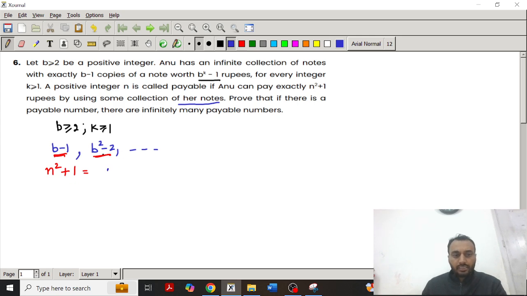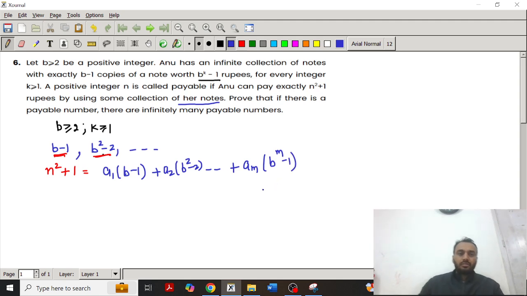So if I say I use a1 copies of b minus 1, a2 copies of b square minus 1, and let's say we use up to b power m minus 1.